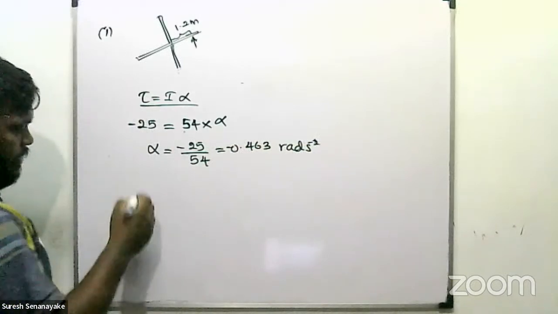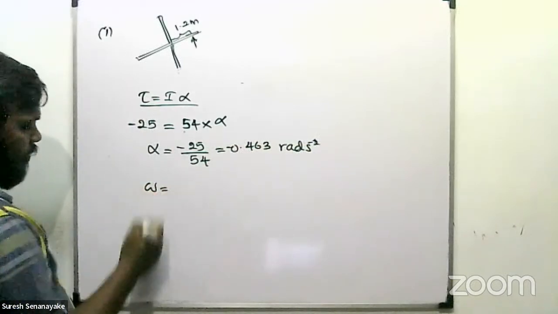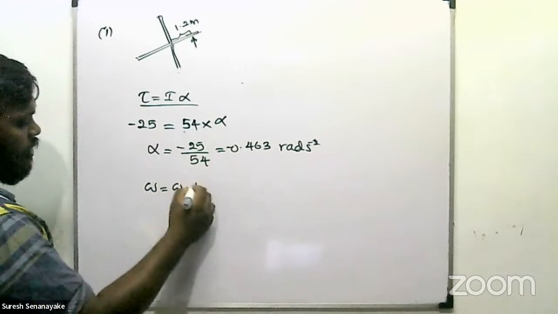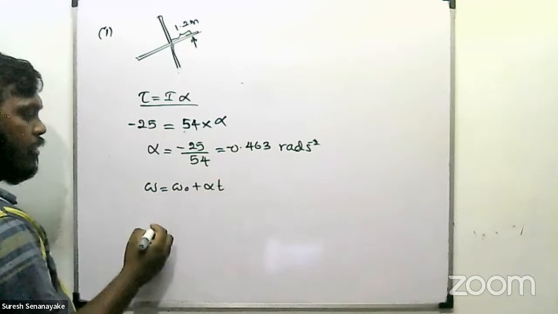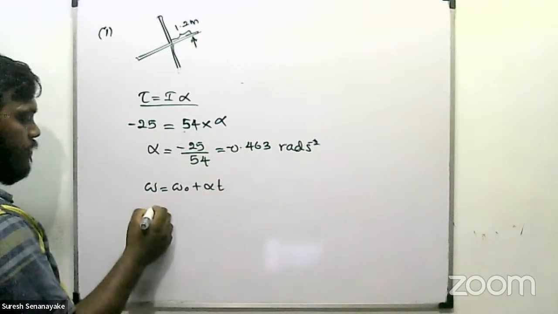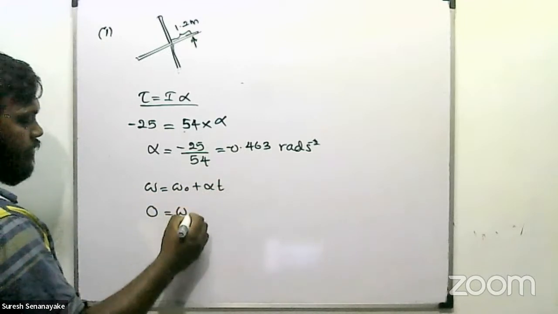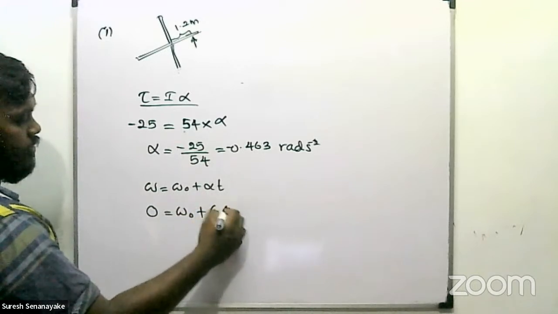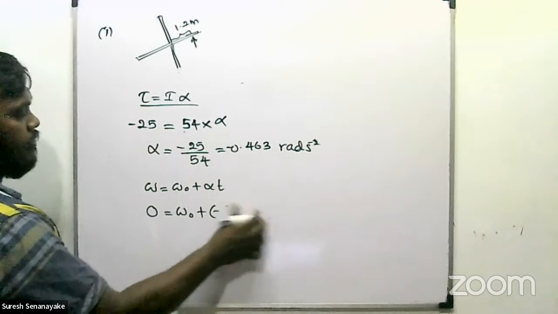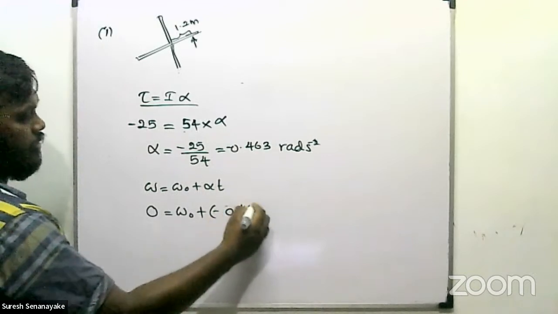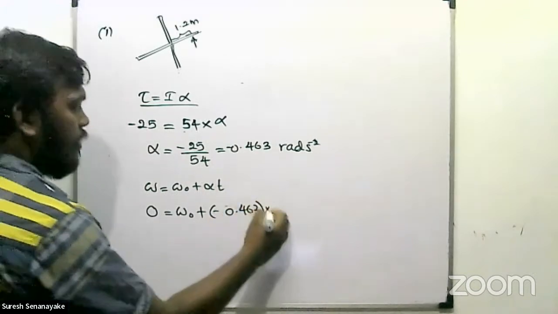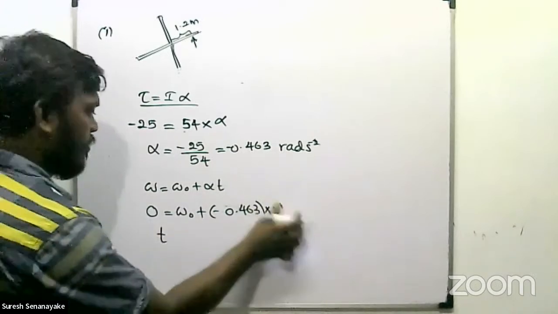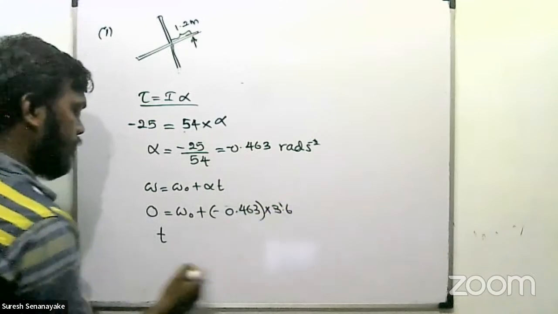Now after 3.6 seconds, you can find it comes to rest. Omega is zero, and omega naught we need to find: minus alpha into T. T is 3.6.